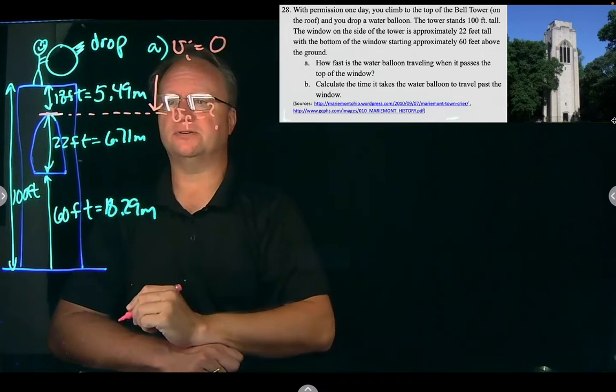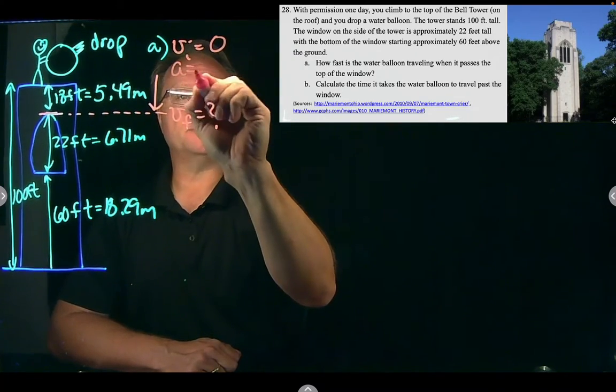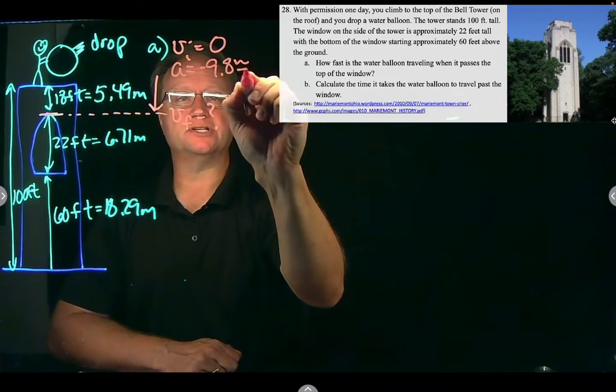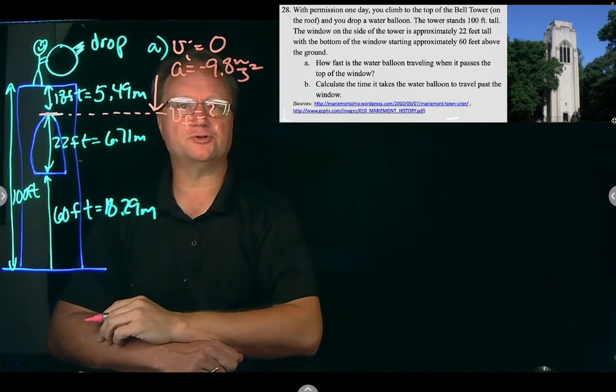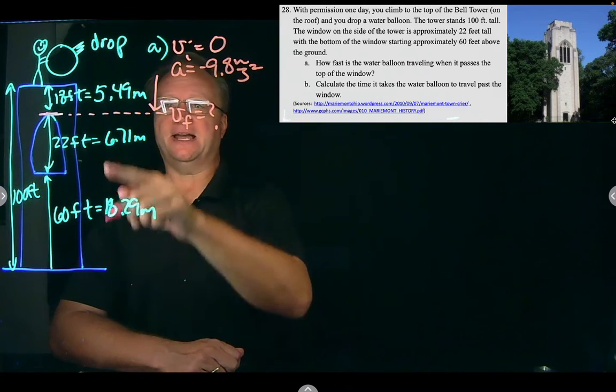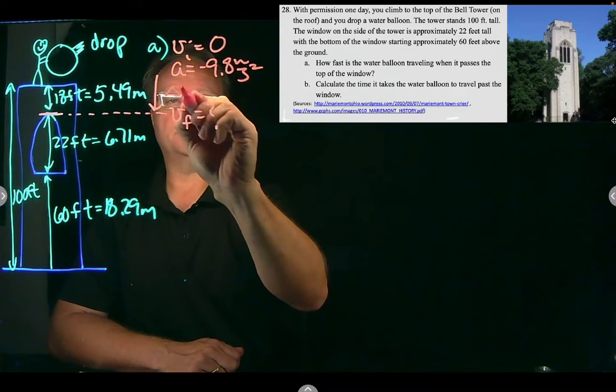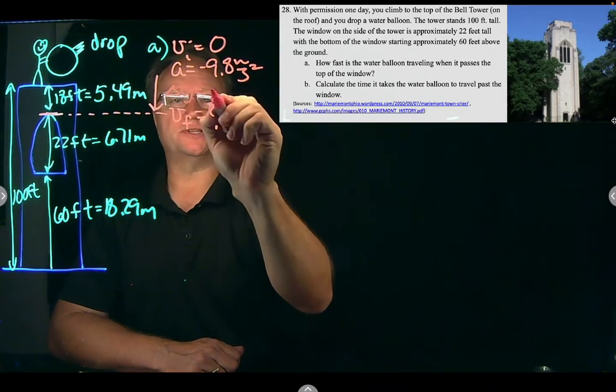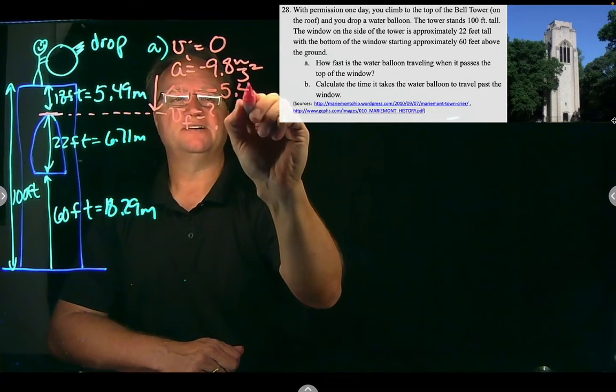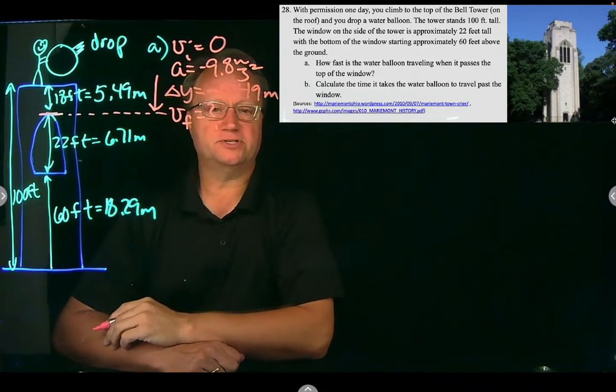So with this interval, we also know it's dropped. Vi is equal to 0. We also know it's in free fall motion. Acceleration is a negative 9.8 meters per second squared. And we know what the delta y value is. It is going downward, so that would go in as a negative 5.49 meters.